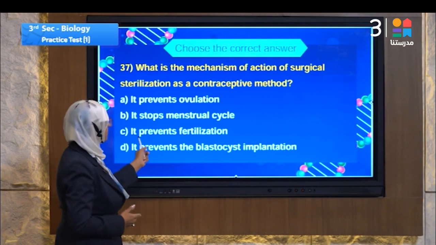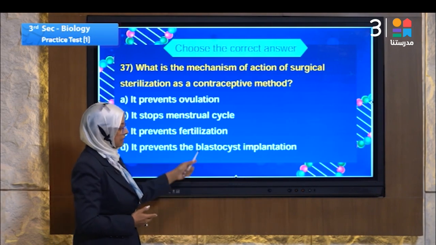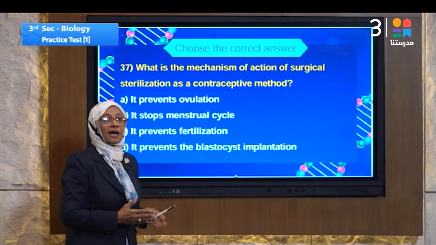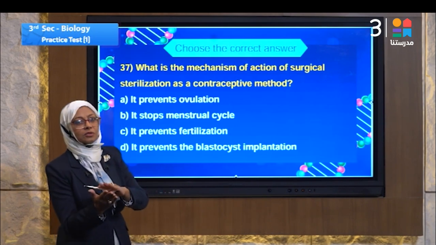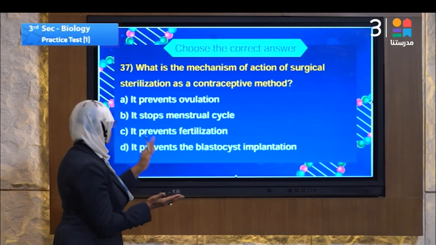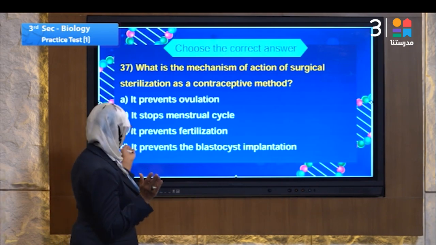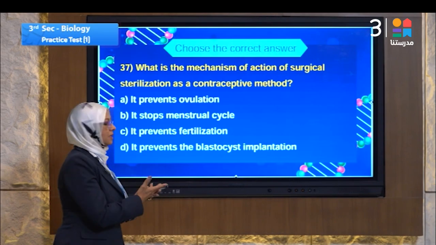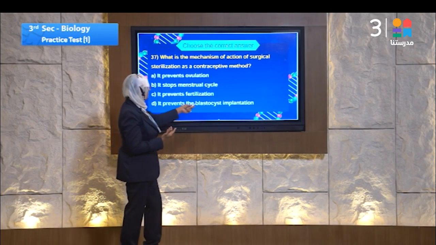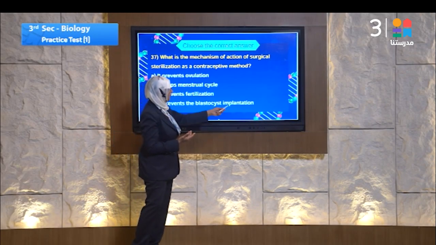Number C, it prevents fertilization. Yes, the fertilization is done at the third part of the fallopian tube, so that will prevent the fertilization. Let's read number D carefully. It prevents the blastocyst implantation.